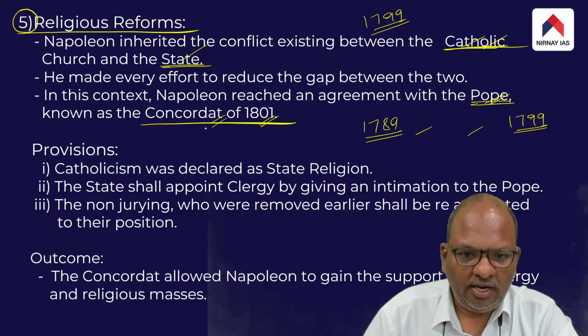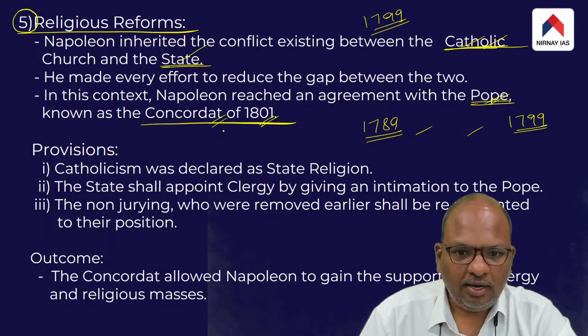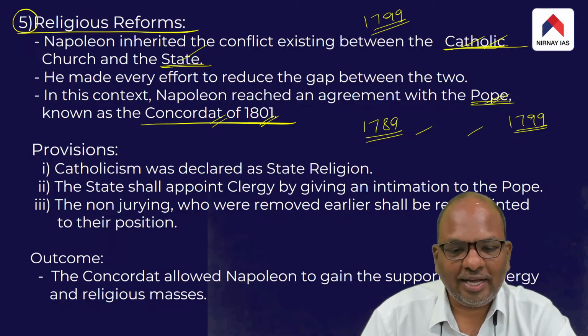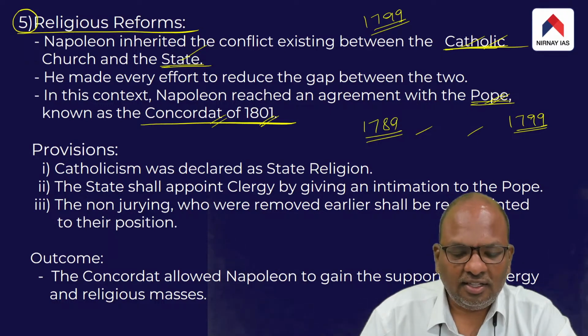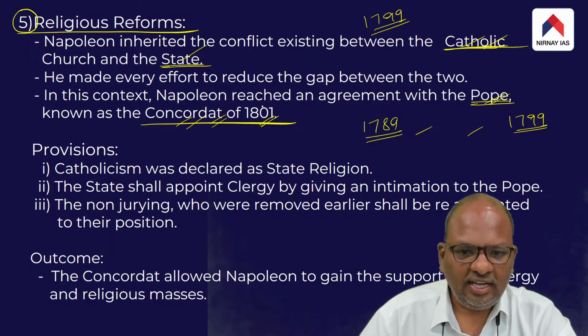The Concordat of 1801 completely ended the conflict between the Catholic Church and the state.